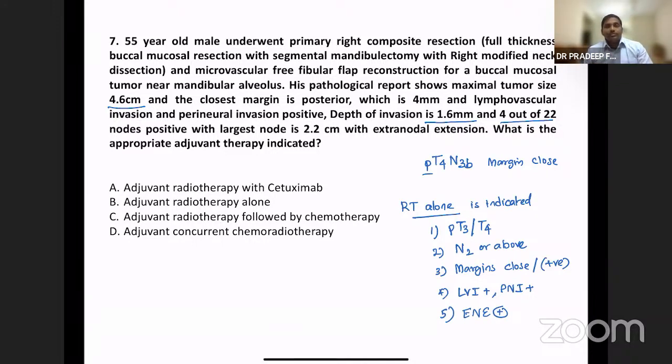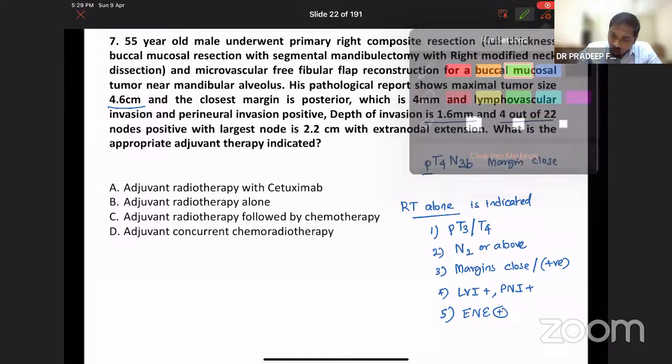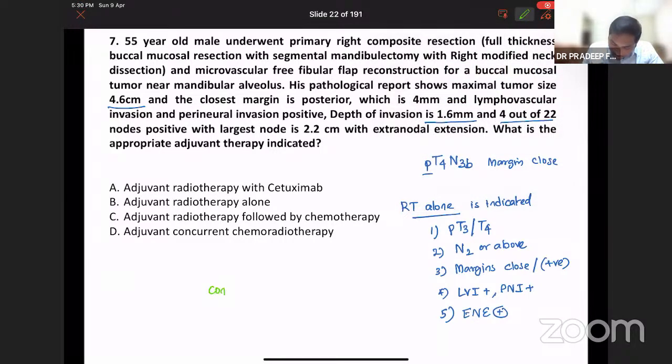Okay, so this is the indication for adjuvant RT. Chemo RT is indicated in only 2 situations, that is given by 2 important randomized control trials. Concurrent chemo RT. Concurrent means you give chemo during radiotherapy.